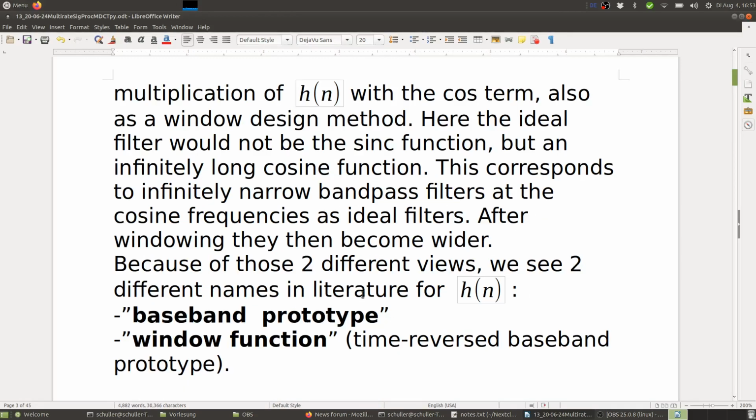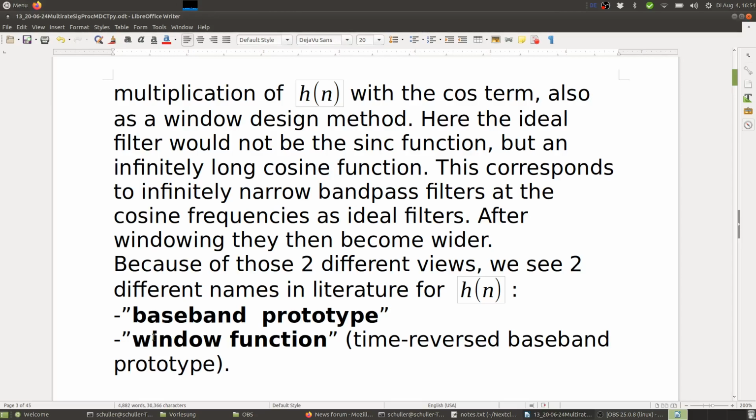So this gives us two different views. We see two different names in the literature for it correspondingly. So h of n can be either the baseband prototype. If we view this as modulation, right, then we have this prototype which is shifted in frequency, or it is called a window function, which is a time-reversed baseband prototype. So the window function comes from our approach of filter design using window functions.